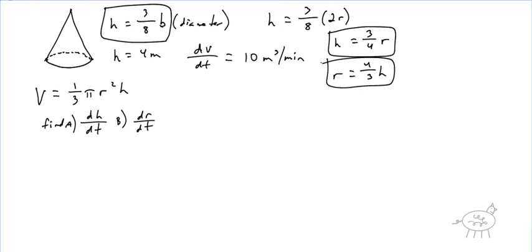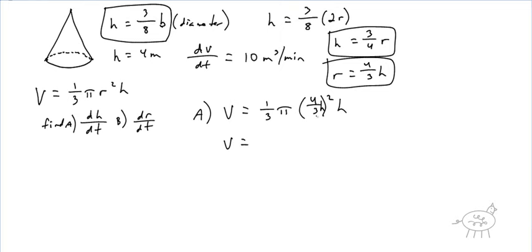All right, so let's do part A here first. We have our volume is 1/3 pi, and then instead of r, we're going to do 4/3 h, squared, and then times h. So let me rewrite that.